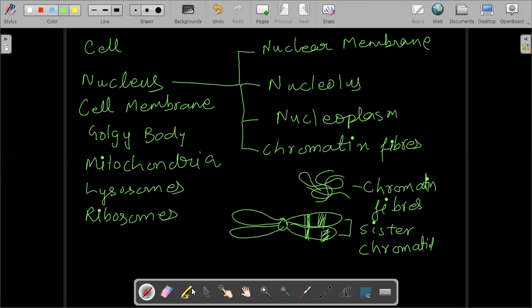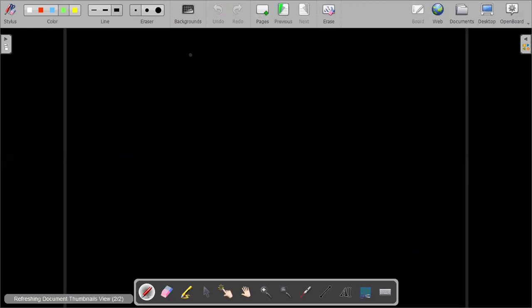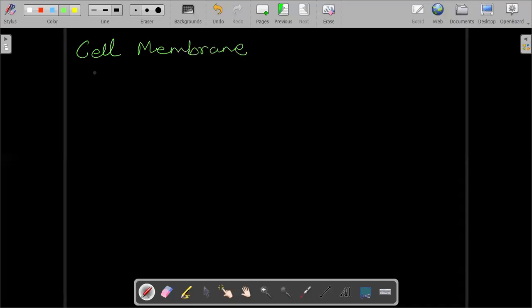So your cell membrane is made up of... I'll show you the structure also, the cell membrane. The molecular construction of the cell membrane is a phospholipid bilayer.